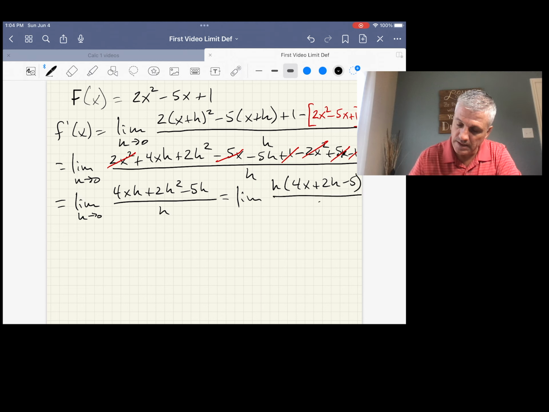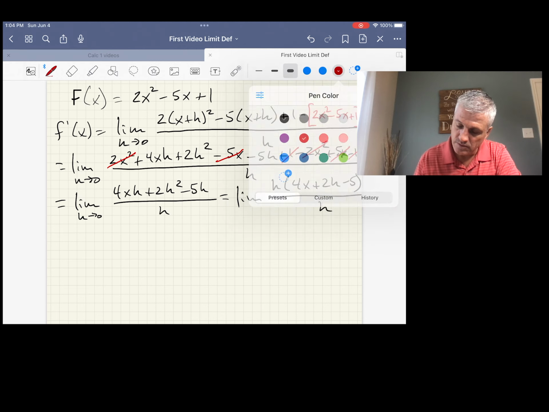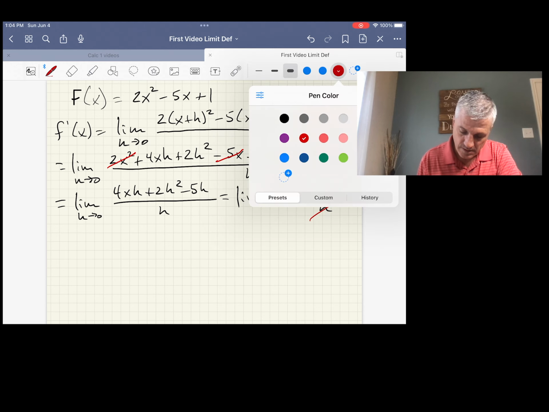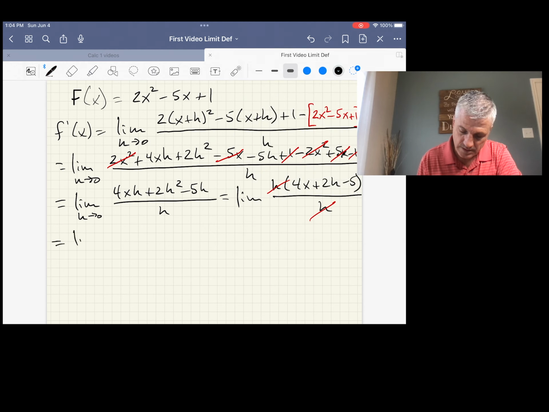And then once again, these guys cancel. And so then I'm left with the limit as h goes to 0 of 4x plus 2h minus 5.